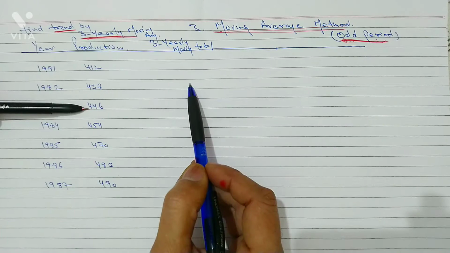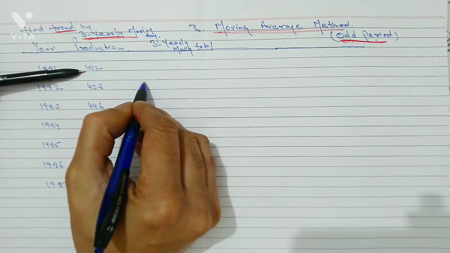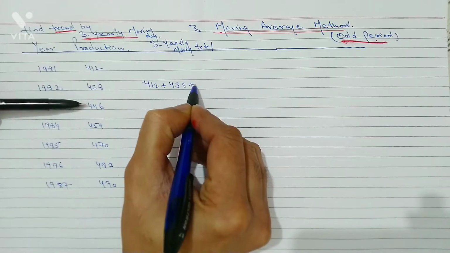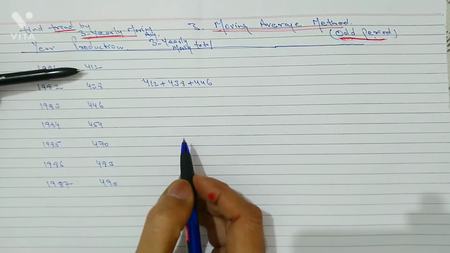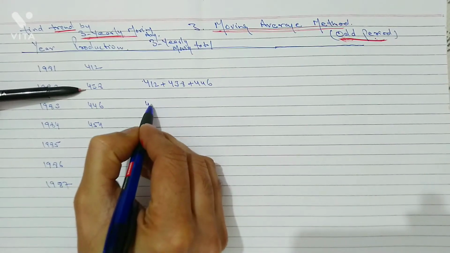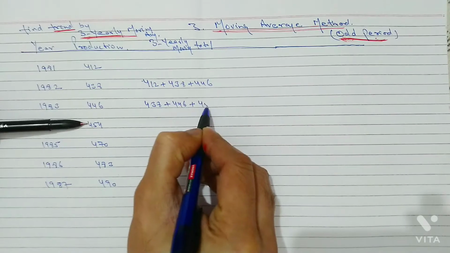Then find total over here: 412 plus 438 plus 446. For next, skip 1, next 3: 438 plus 446 plus 454.